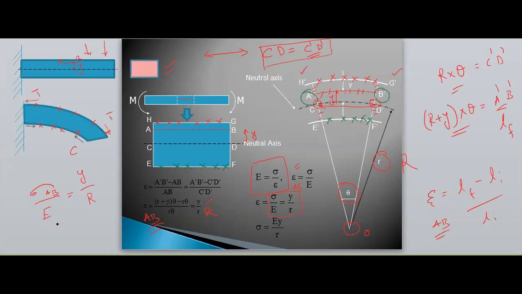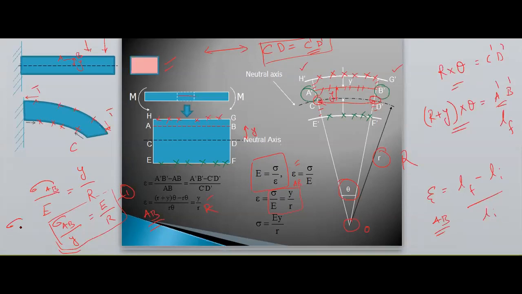Therefore, cross multiplying, stress in the fiber by Y is equal to E by R. This is the first equation. Here, stress in the fiber is the bending stress in the fibers.